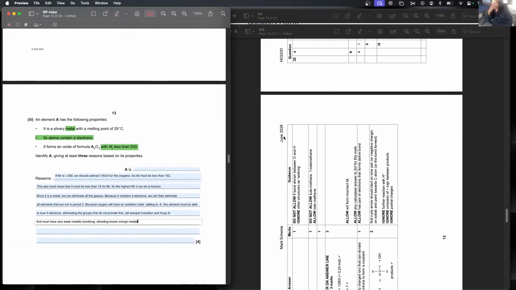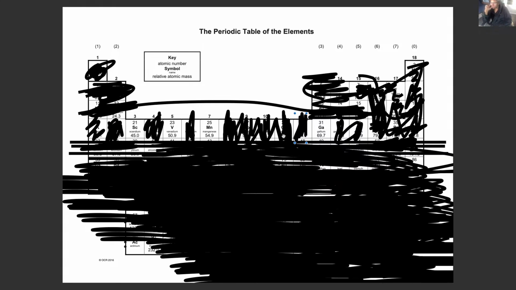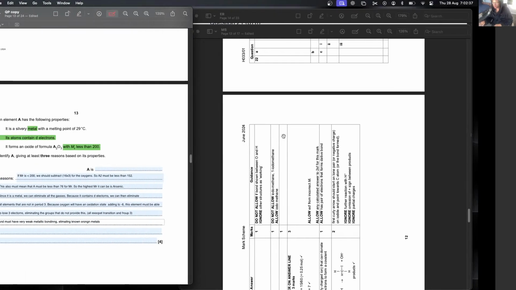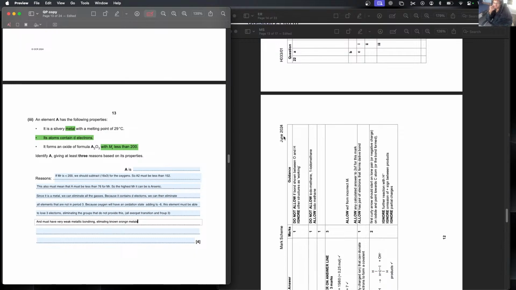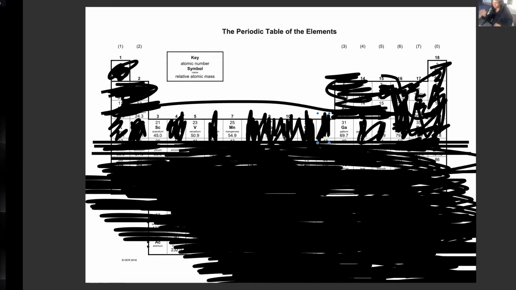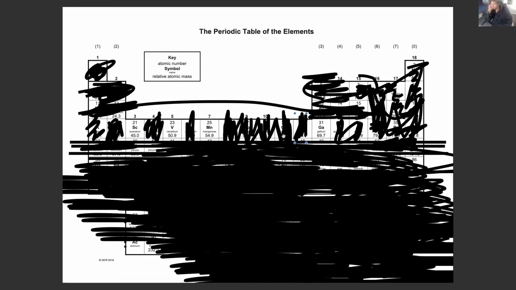So it gives us 4. The fact it's silvery does not help. I'm pretty sure it's scandium because I know from another thing. I'm 90% sure manganese doesn't have. No, because transition means it has multiple oxidation states.